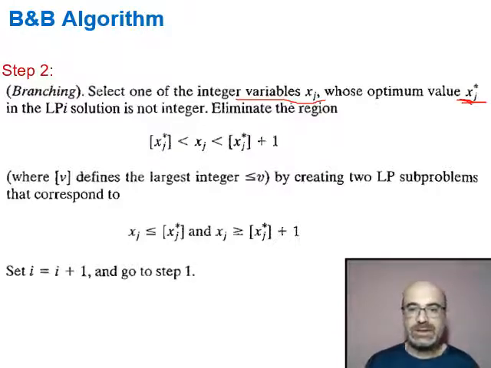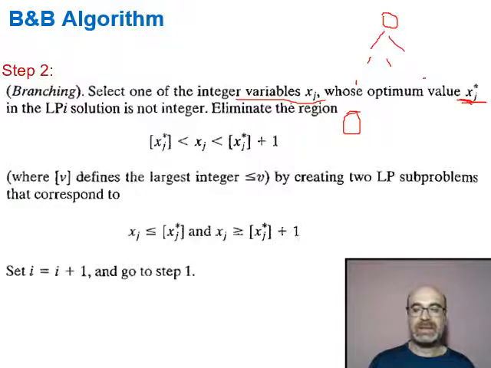Let's assume that we started with the root node and followed these steps, and we are currently in some node. We solve this LP in this node, and in the solution, we have, let's say, a decision variable x3.